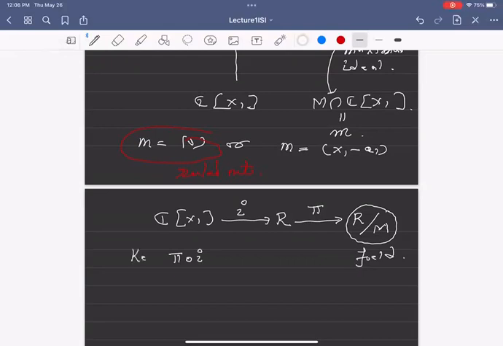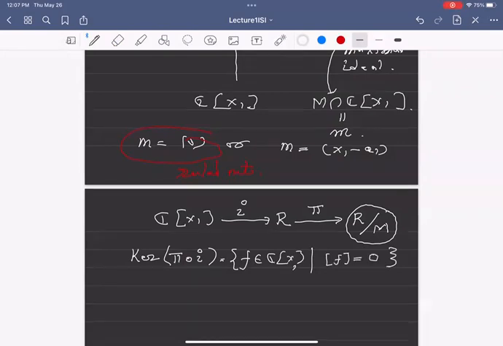So the kernel of this ring homomorphism is all polynomials in C[x1] that map to M. So the residue class of f in R mod M should be 0.